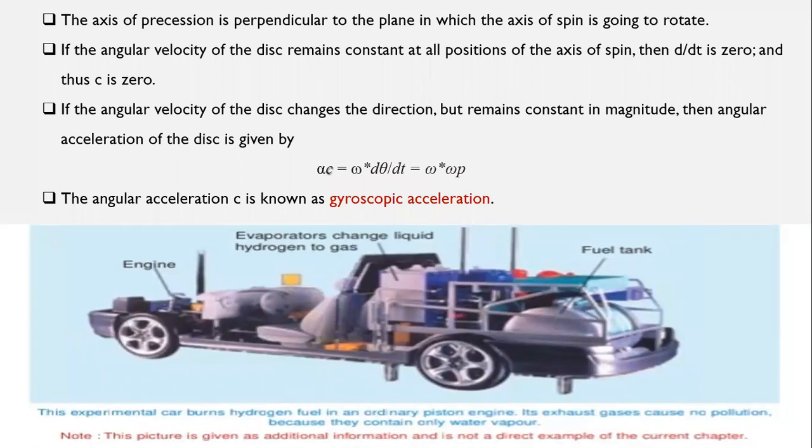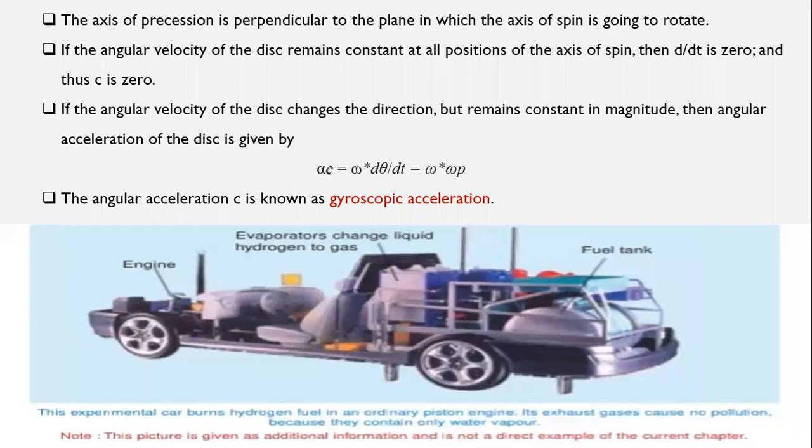In an automobile car, the load is balanced in two places: the engine and the fuel tank. Generally all automobiles consist of these two main parts, with the engine at the front and the fuel tank at the rear end, the back of the automobile.